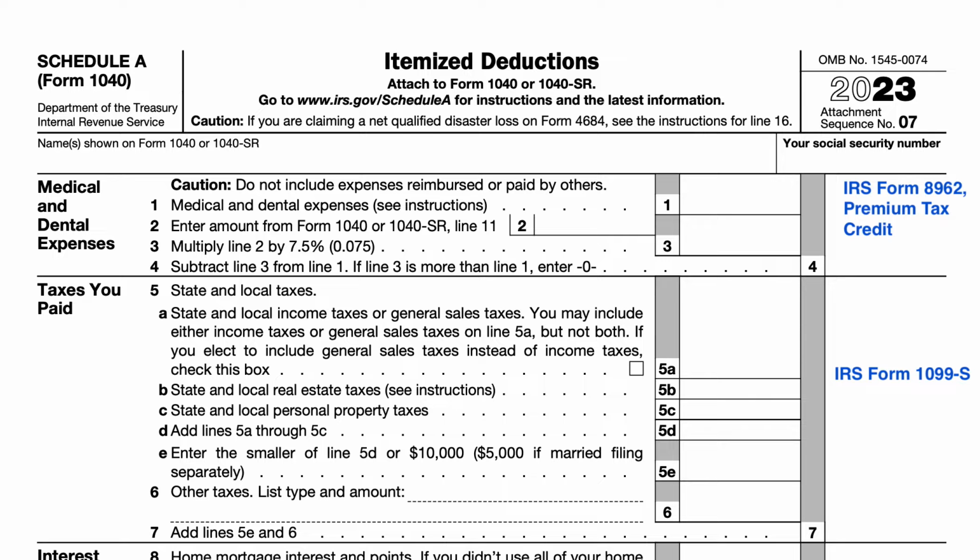Generally, if you've owned and lived in your home for 2 out of the prior 5 years, then Internal Revenue Code Section 121 allows you to exclude either up to $250,000 for single taxpayers or $500,000 for married filing jointly.